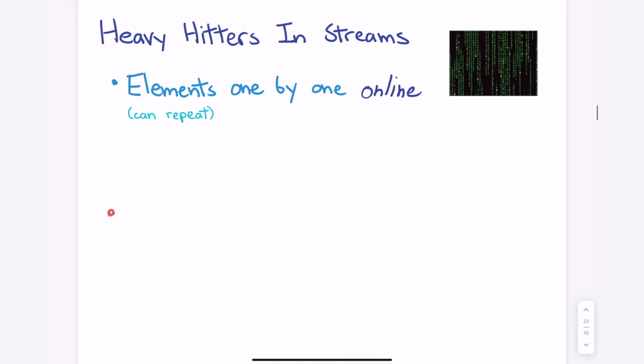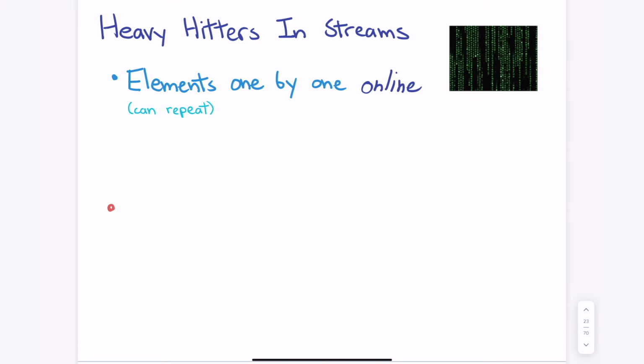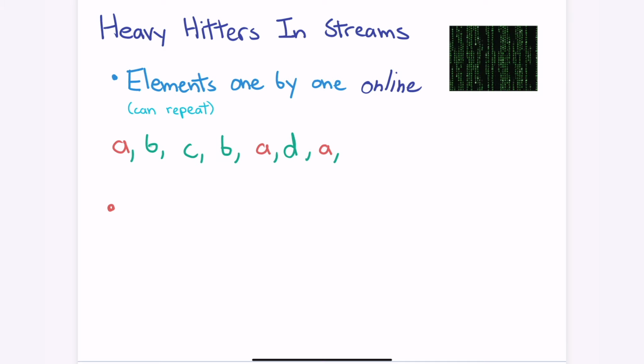Okay, so we're going to model this in the streaming model. Have you seen this before? This is abstracted a little bit, but the idea is that we're going to have elements that appear one at a time. So maybe the first one is the letter A, and then B, and then C. And these will come through your computer one at a time.